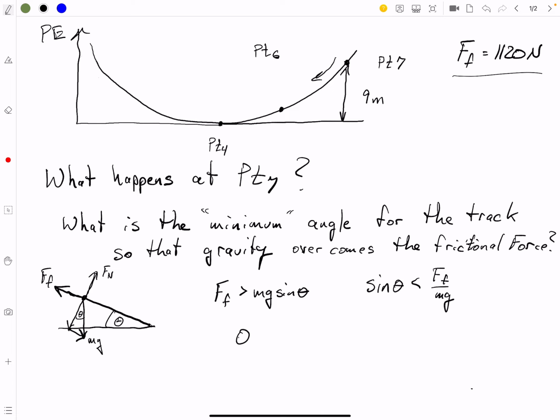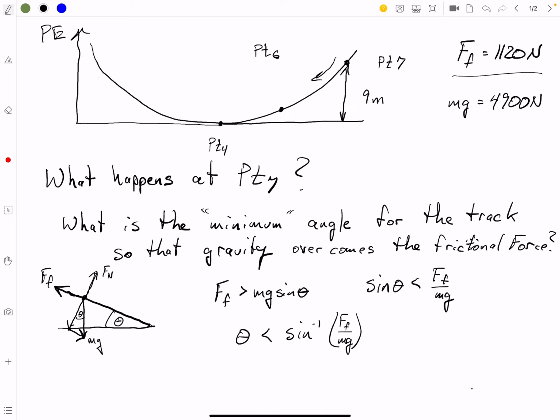So theta has to be less than the arc sine of our force of friction over mg. And there are numbers for those. What is mg? mg is 4,900 newtons.